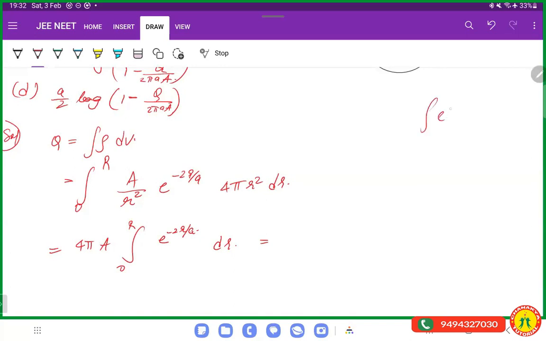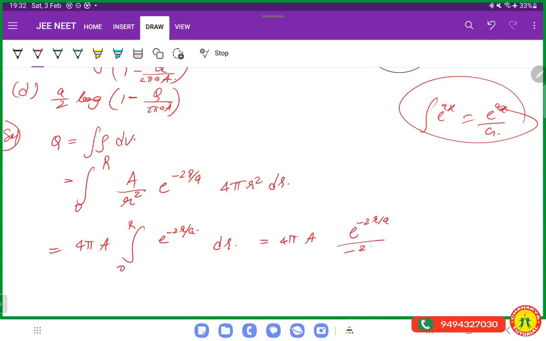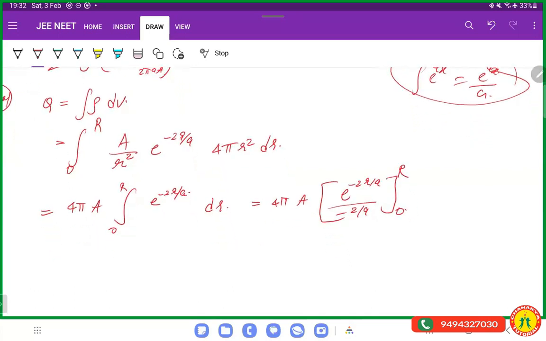Integration of e to the power x is e to the power x. Now e to the power ax will be e to the power ax by a. So 4 pi A e to the power minus 2r by a divided by minus 2 by a, with limits r to 0.